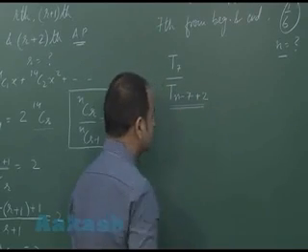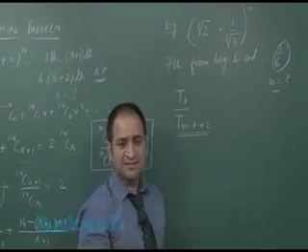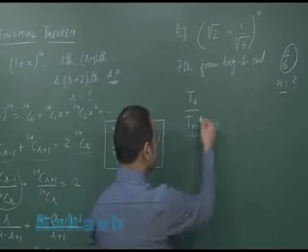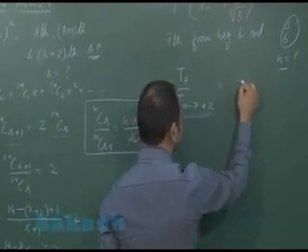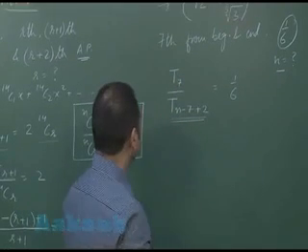This is what we have discussed earlier. जो 7th term end से होगा, that is same as t(n minus 7 plus 2) from the beginning. So the ratio of t7 upon t(n minus 7 plus 2) is given, and that is equal to 1 by 6. And from here I'll be calculating the value of n.